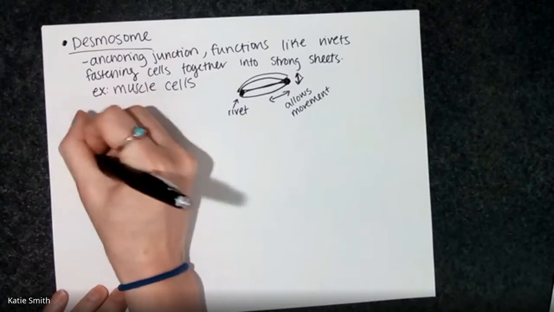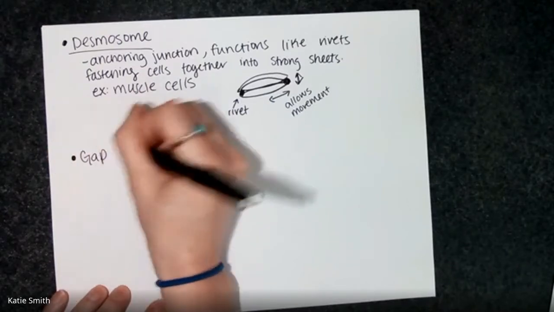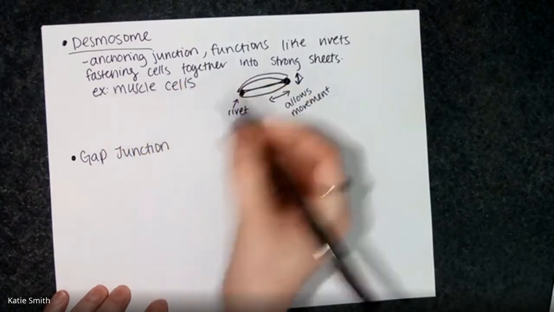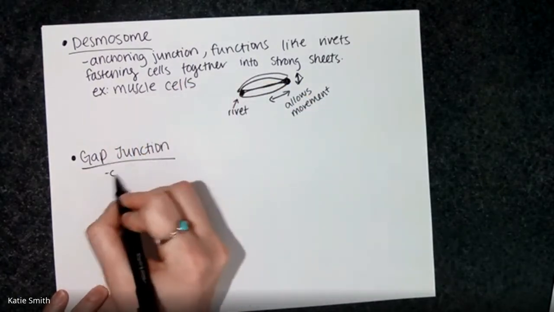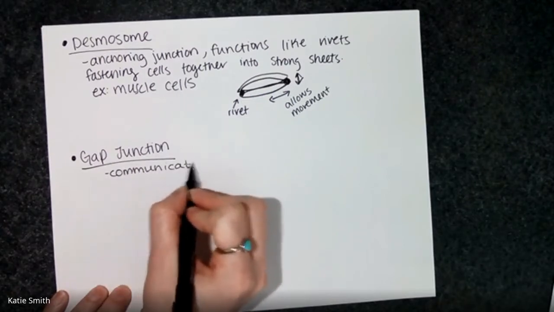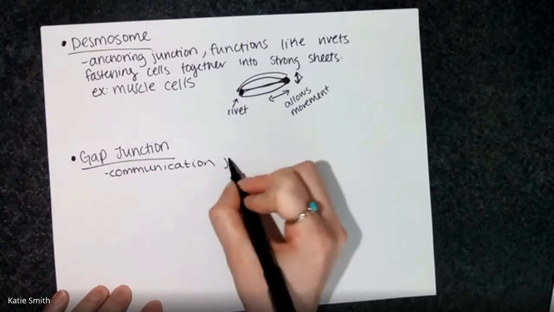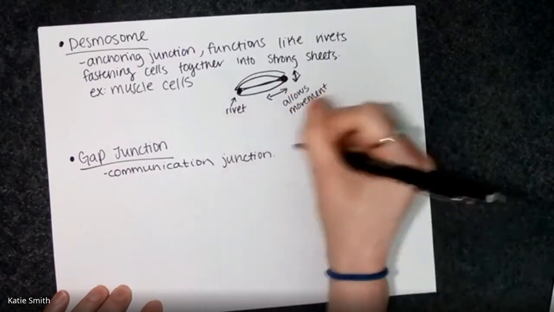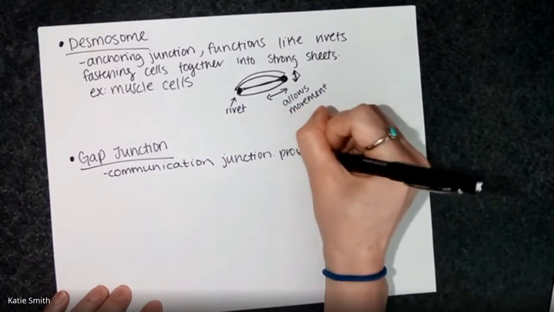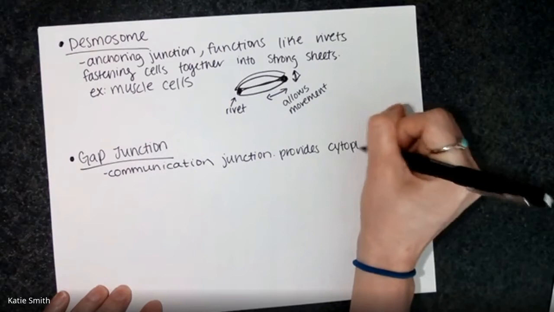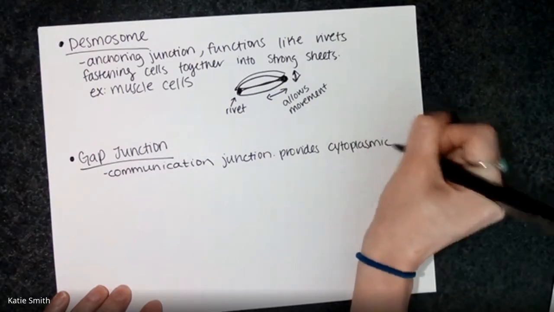Okay, and there's one last type of cell junction, and it is a gap junction. So this is known as a communication junction. It provides cytoplasmic channels.